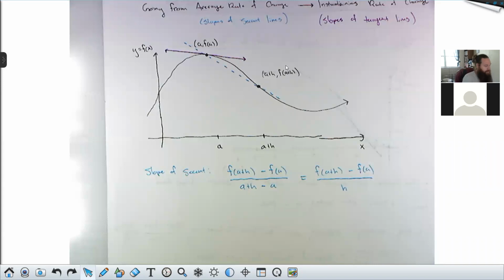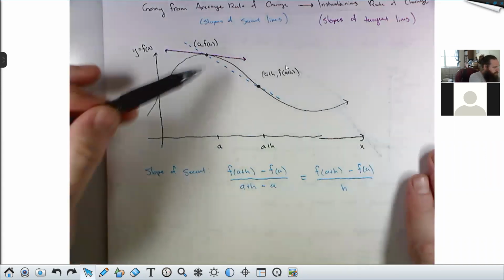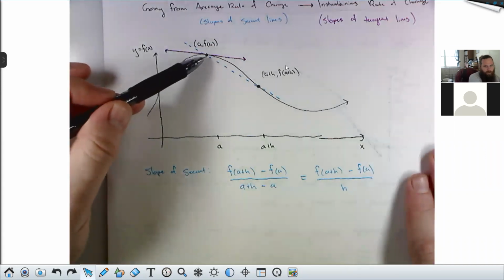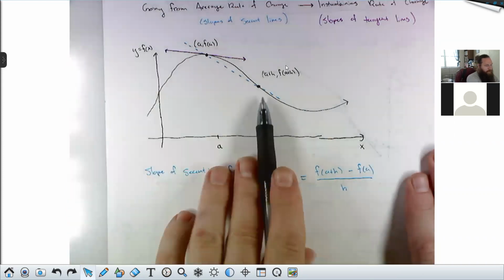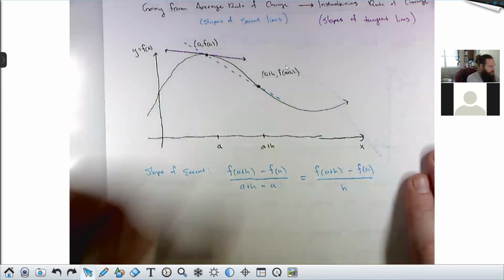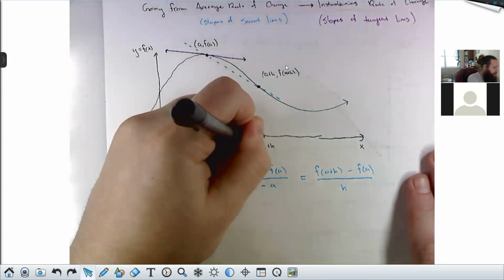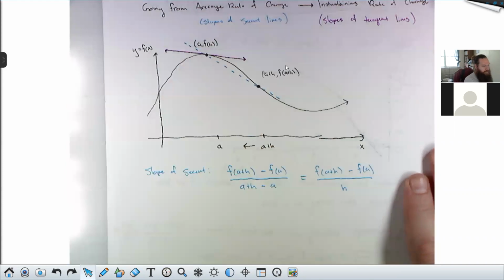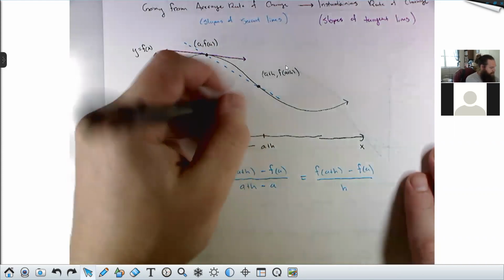And then the big idea is this. You hold this point here. He doesn't move. But we slowly bring this point over. And the way you do that is by bringing this x value over, and the way you do that is by sending h to 0.